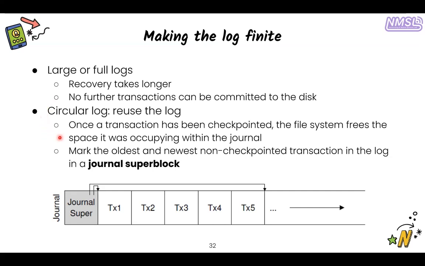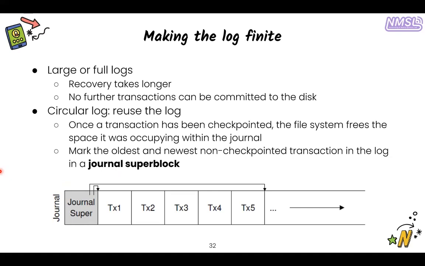Once a transaction has been checkpointed, meaning it's done, the file system frees the space it occupied within the journal. So you mark the oldest and newest non-checkpointed transactions in the log in a journal superblock. You're indicating which ones should not be reused, but the others you can go use.